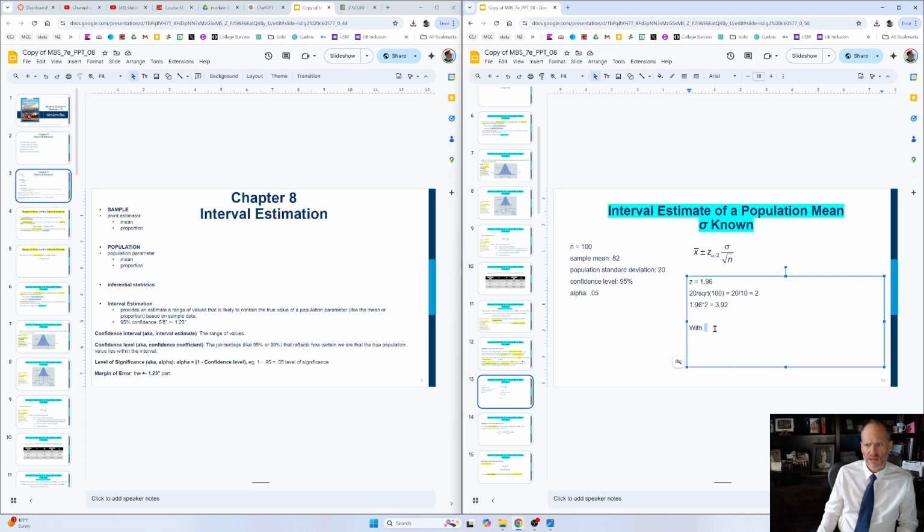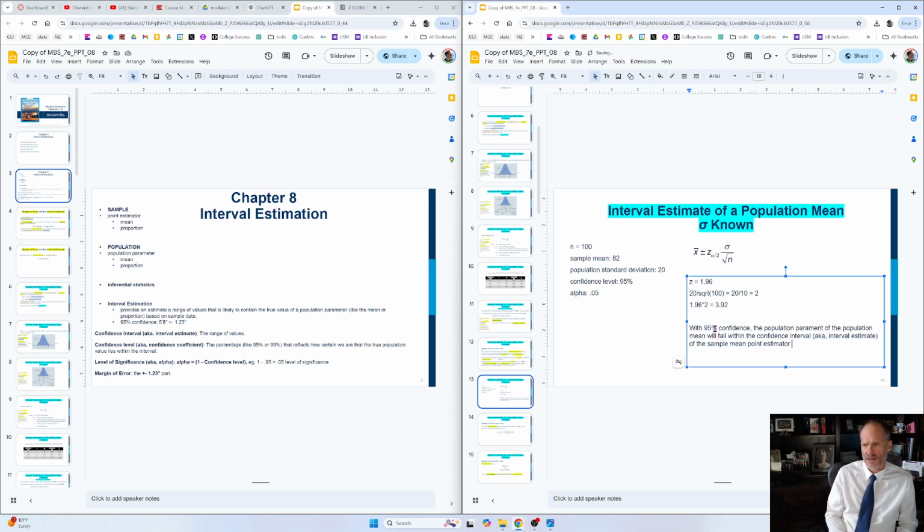With 95% confidence, the population parameter of the population mean will fall within the confidence interval, which is also the interval estimate, of the point estimator, the sample mean.